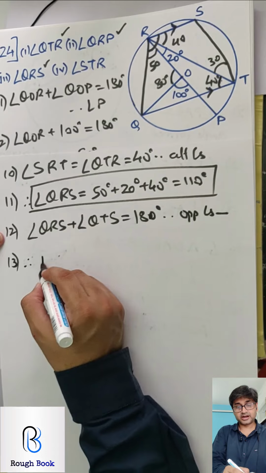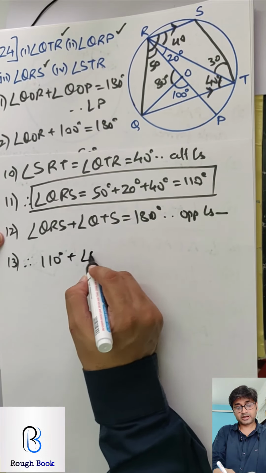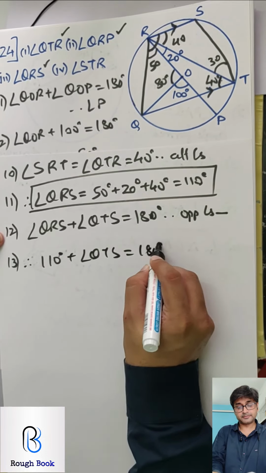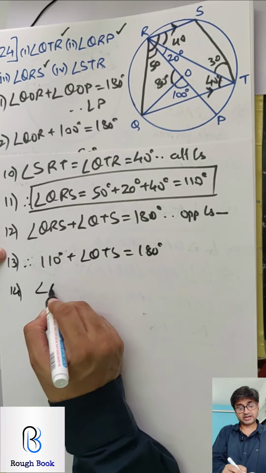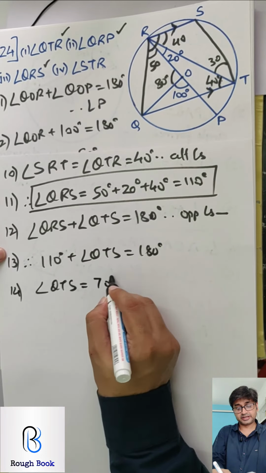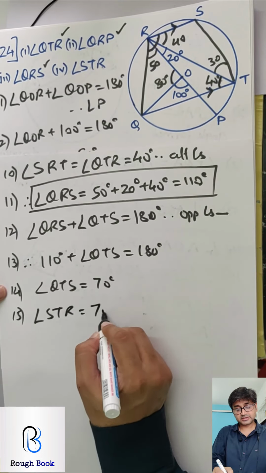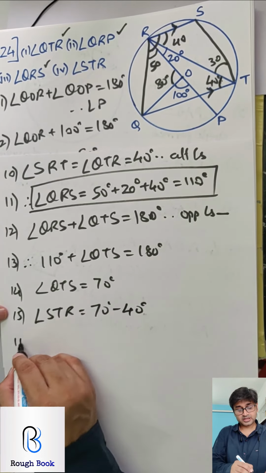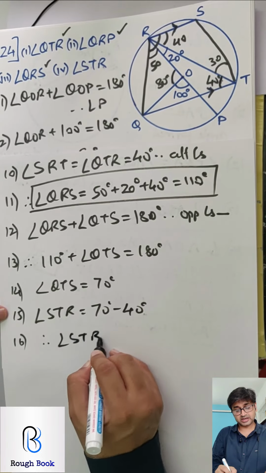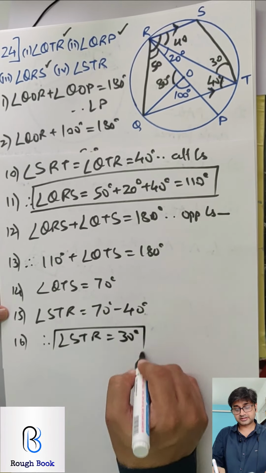So QRS 110 plus QTS 180. So finally I will get angle QTS as 70. Final part STR, 70 minus 40. Step 16, therefore STR is 30 degrees.